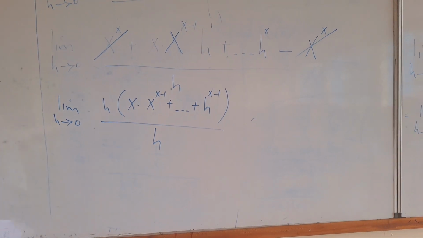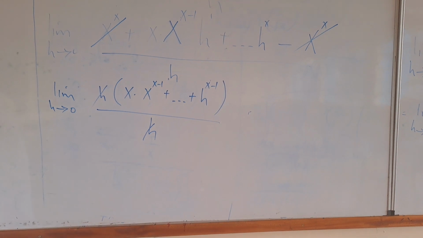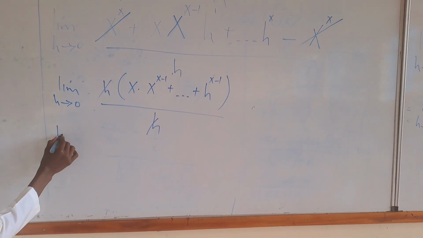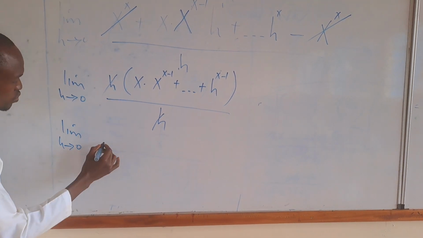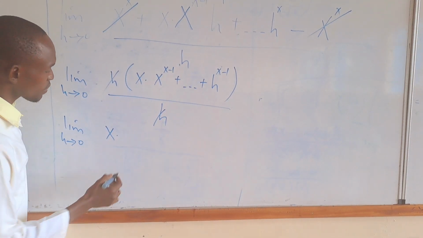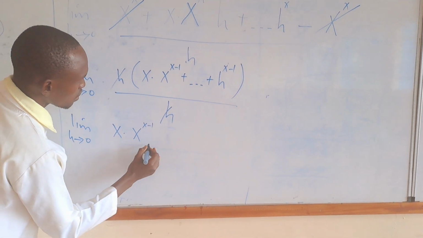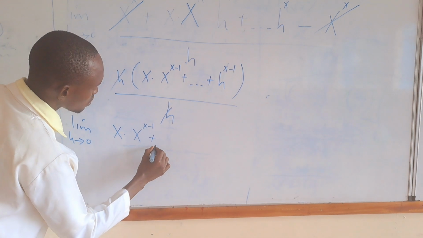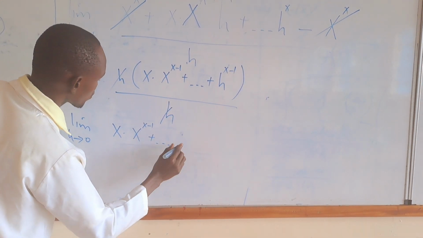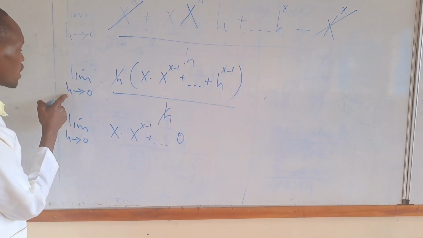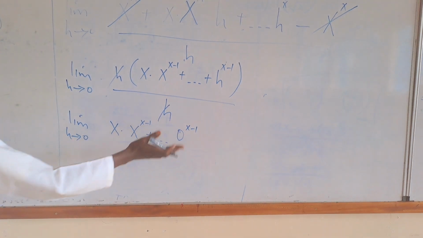Now this one becomes much simpler. This will cancel this. So we have our limit as h tends to 0 equals x multiplied by x raised to power x minus 1, then plus h, where we have 0, that is 0 now because h tends to 0, raised to power x minus 1, and this is automatically 0.